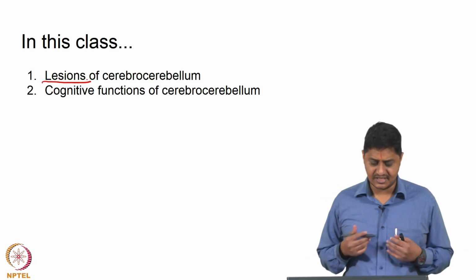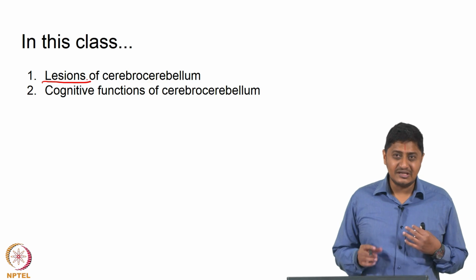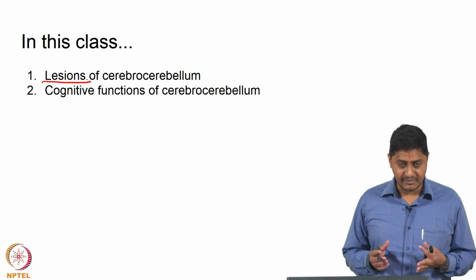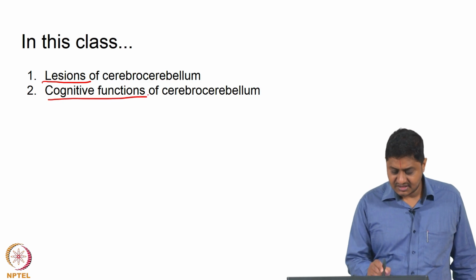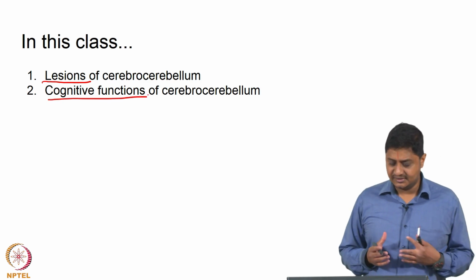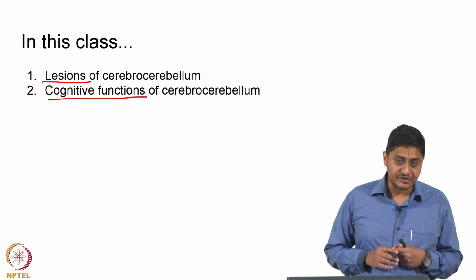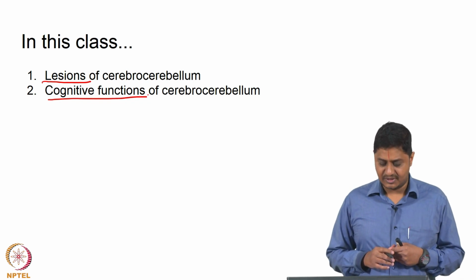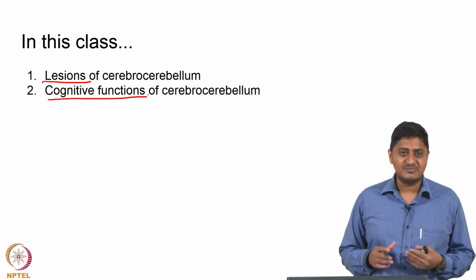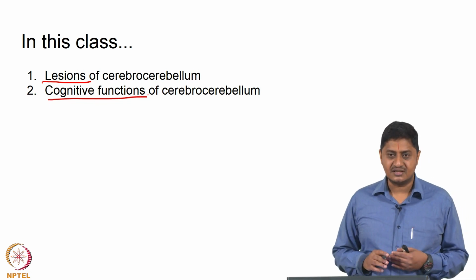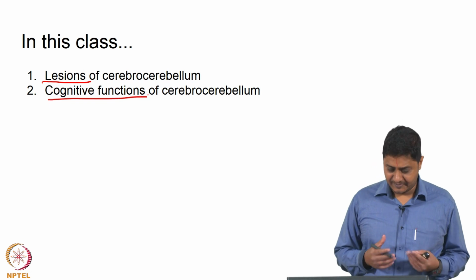These may be lesions in humans or experimentally induced lesions in animals. And are there cognitive functions, or functions other than motor functions, for the cerebrocerebellum? Let us remember early on in our discussion we said cerebellum has been traditionally considered as a motor part of the brain.